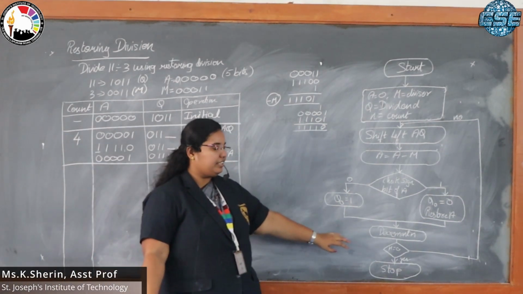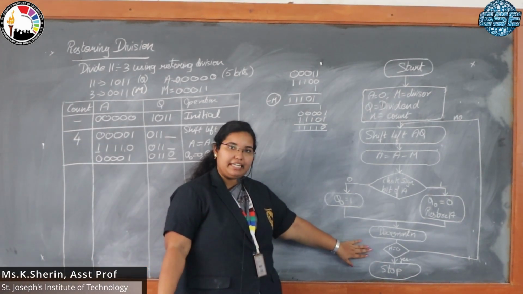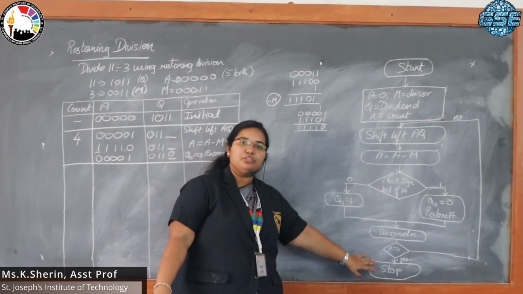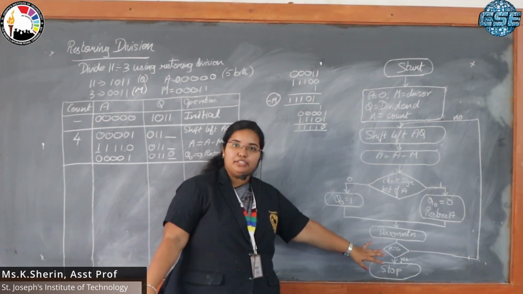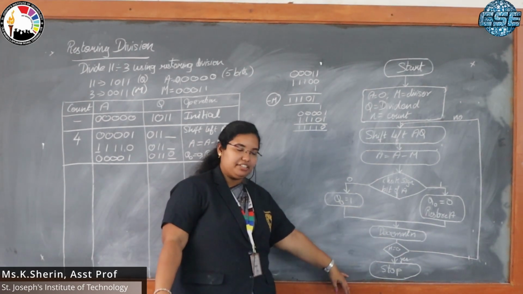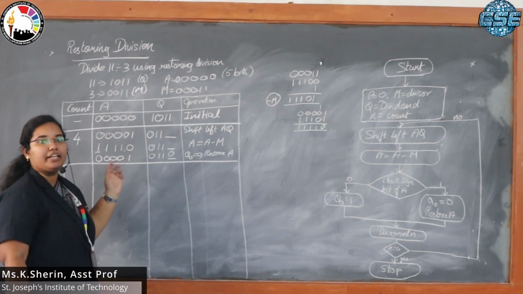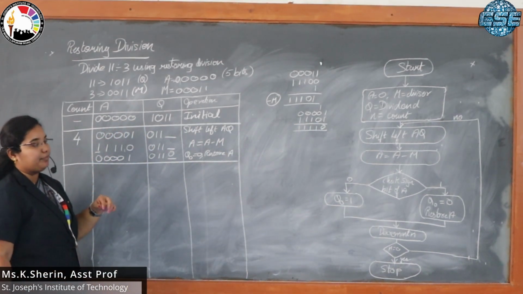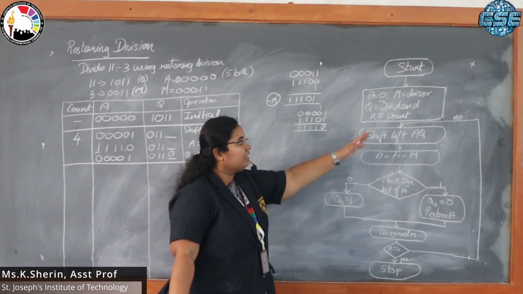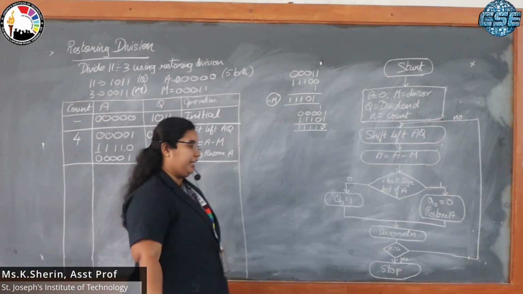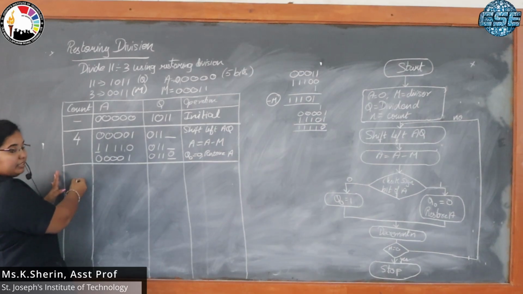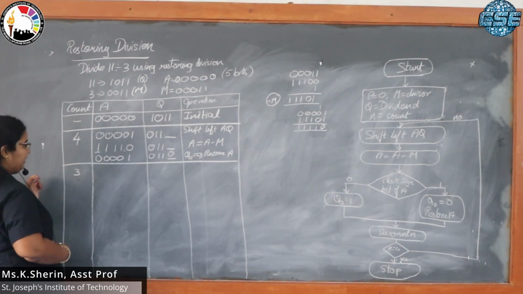So what is given over here? The procedure is decrement n. After decrement n, it shows that if my n value is 0, I am supposed to stop. But here my n value is 4. Decreasing 4, I get n is equal to 3. So again it goes to my first step, shift left AQ. So I'm writing a count variable for the next iteration, the third iteration.